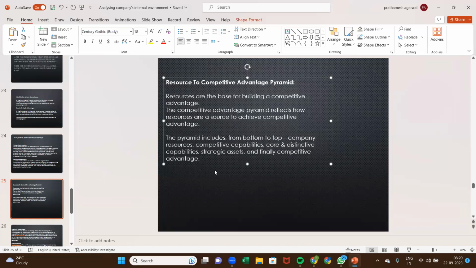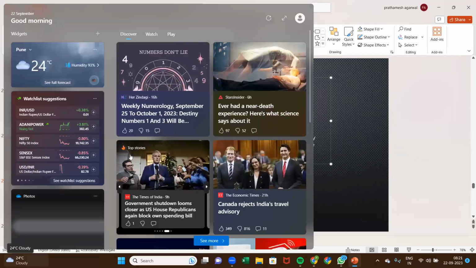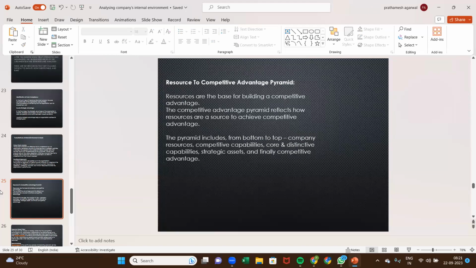In internal analysis, when we started, students, we were talking about resources and capabilities, strategic assets, and finally the competitive advantage. Why are our products better than the other company's products? As I gave you a very good example of cosmetics: why is Lakme better than Nykaa, why is Nykaa better than Blue Heaven, why is L'Oreal the best?